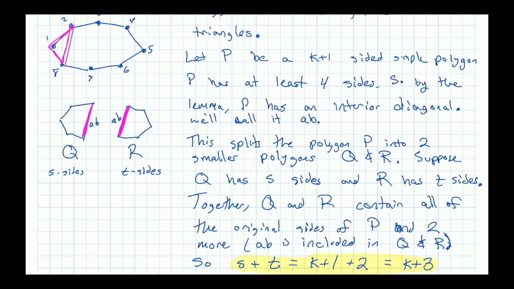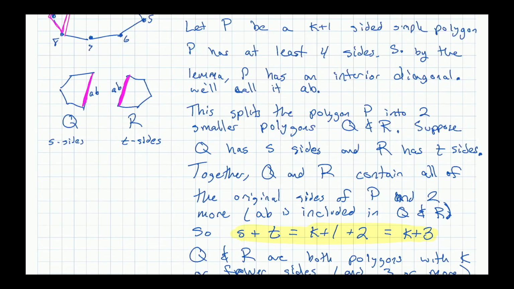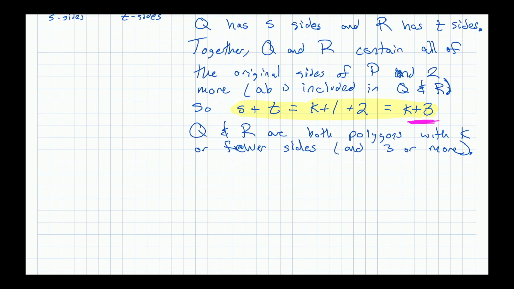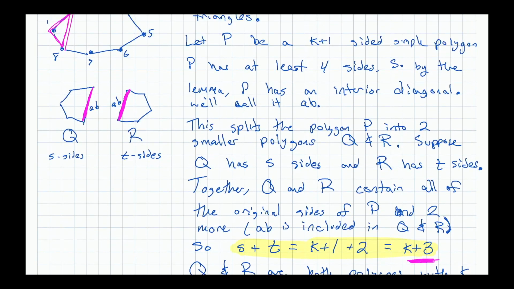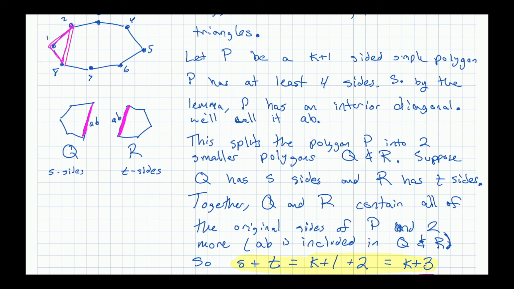Okay, and the fact that the smallest Q or R could be is 3 should make sense, because if you put in an interior diagonal, you're going to get a triangle at minimum. But then the fact that they have to add up to K plus 3 sides means that if Q had 3, then R would have to have K to add up to K plus 3, right? So Q and R all have 3 or more, and K or fewer. They might not look that way in the picture I drew, but they have that property.